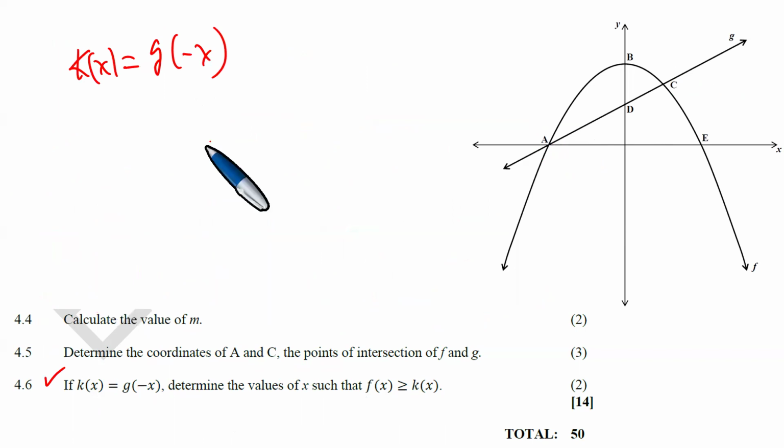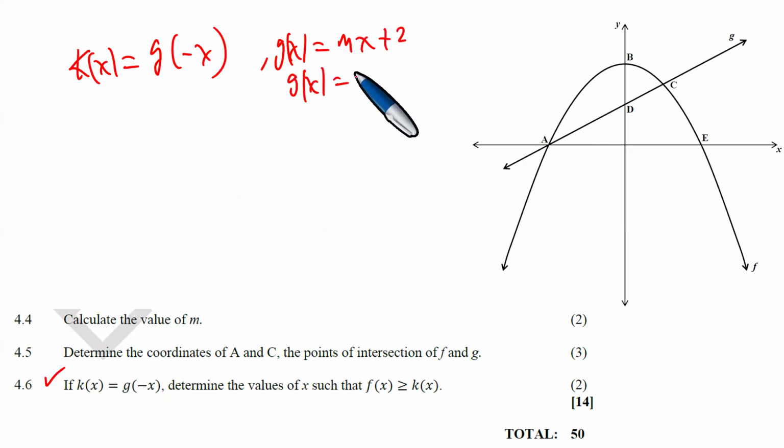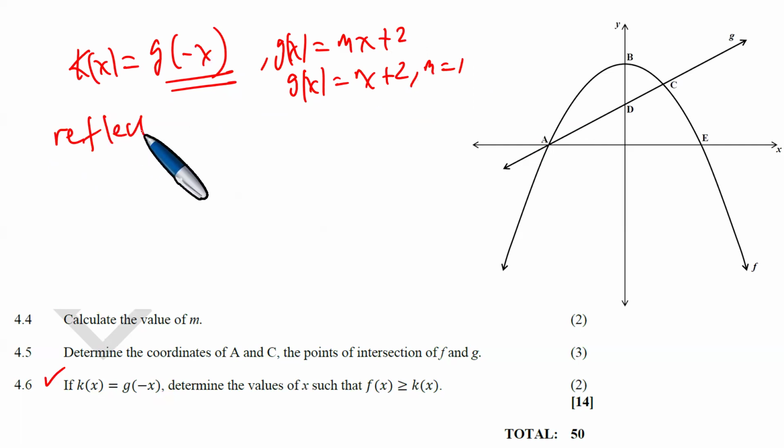So you need to remember that the function g of x is the same as mx plus 2, which was given. So this is x plus 2 with m equals 1. Now, if it is g of minus x, it means it's a kind of transformation, and it is a reflection.